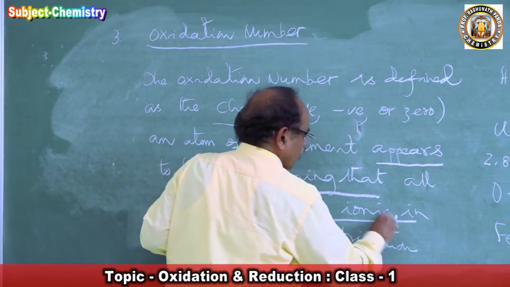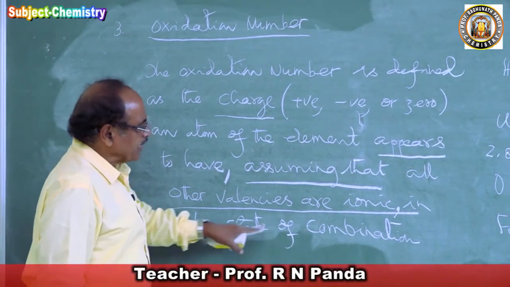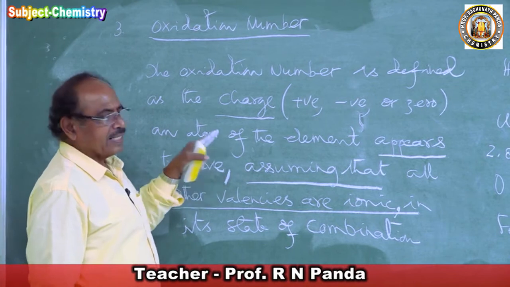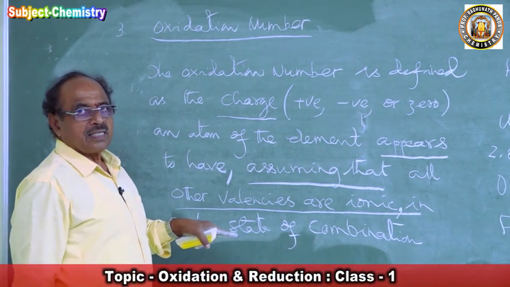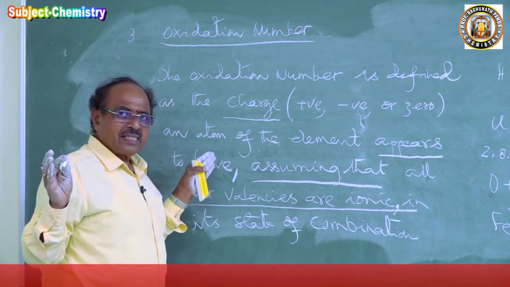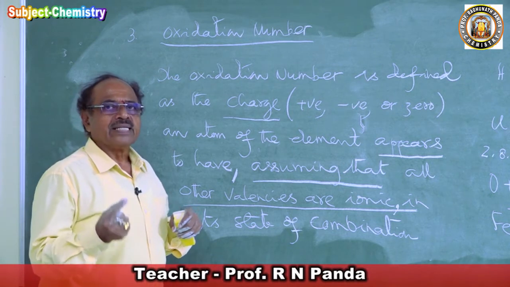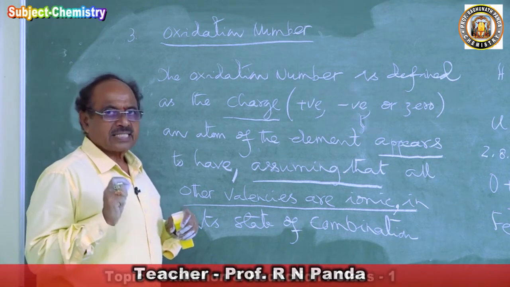Here also I am putting a comma. In its state of combination means in the state of combination of the atom of the element in a compound, if we assume all the valencies are ionic and calculate the charge on the atom, that will be its oxidation number. Could you understand my idea?